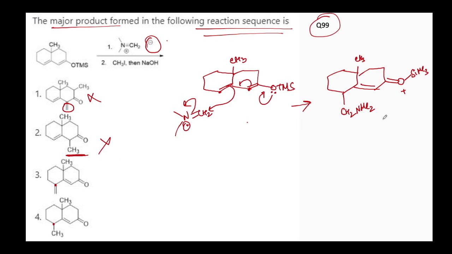Now what happens is, in the next step, CH3I and then NaOH. CH3I means methyl iodide, means that your nitrogen is going to grab one more methyl group, and it is going to look something like this, CH2NMe3 positive.